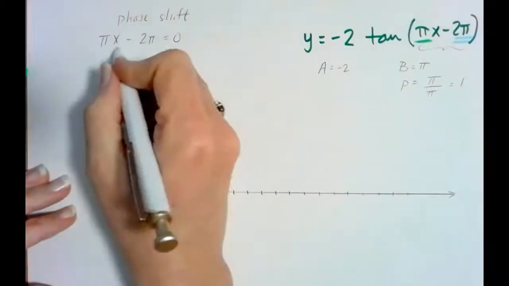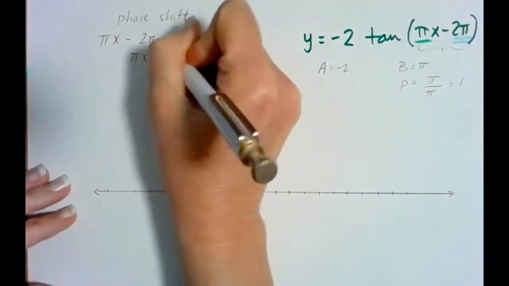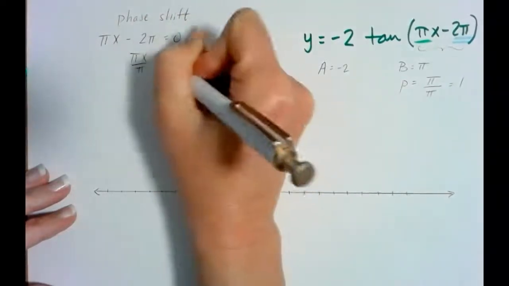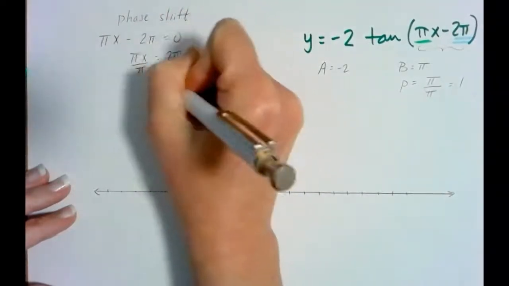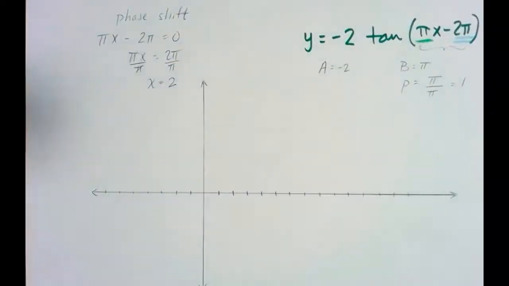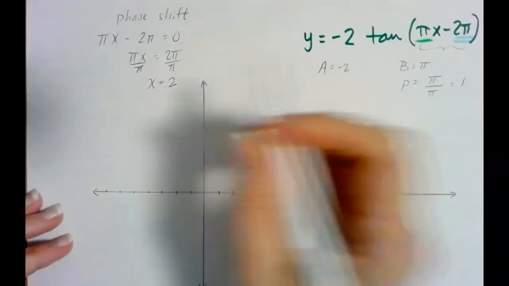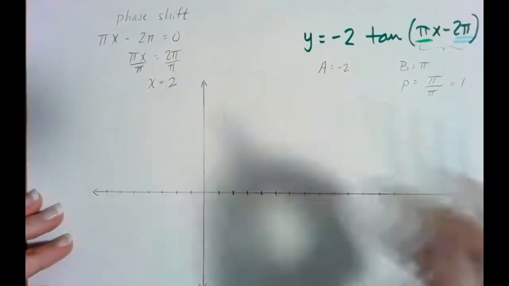So let's solve it for x. Pi x equals 2 pi, divide by pi, and we get x equals 2. So we have a phase shift of 2. A period equal to 1, a phase shift of 2.